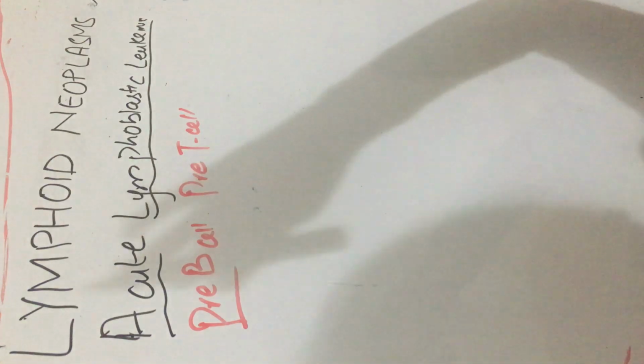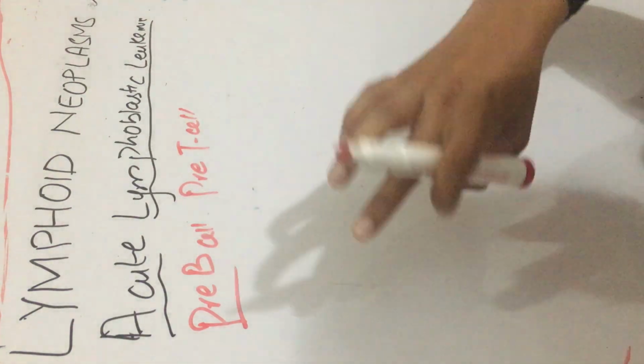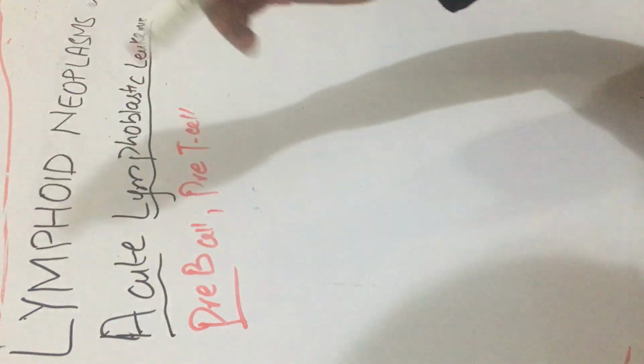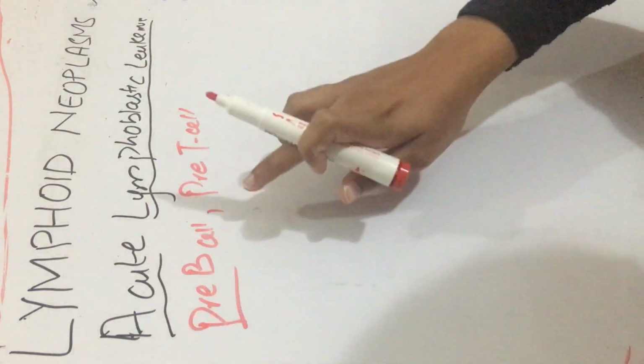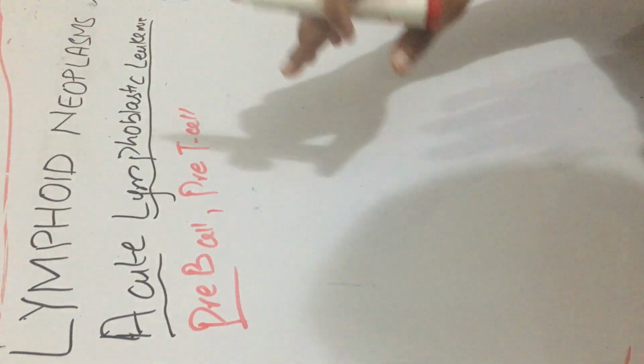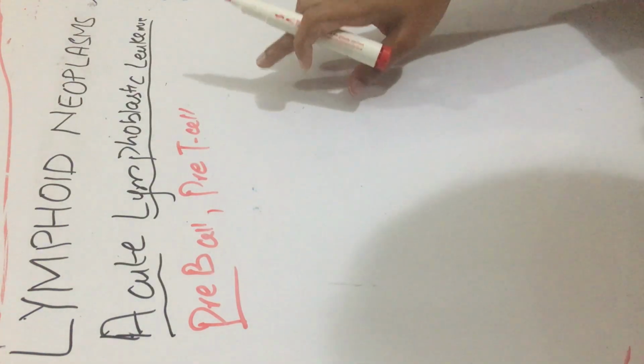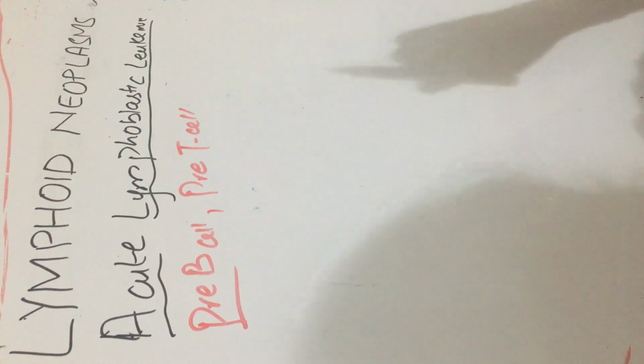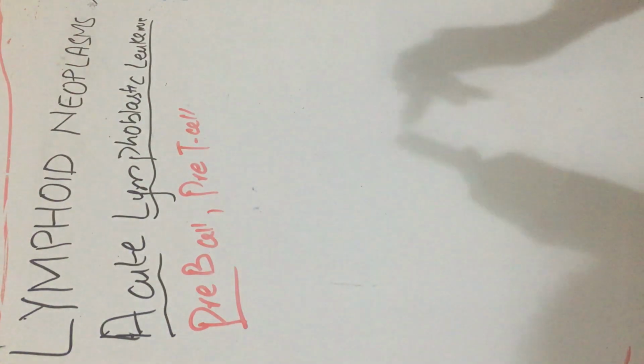There are two types: either B acute lymphoblastic leukemia or T acute lymphoblastic leukemia. If it is B acute lymphoblastic leukemia, there would be pre-B cells, and if T acute lymphoblastic leukemia, then there would be pre-T cells. These are the immature forms of the B and T cell.